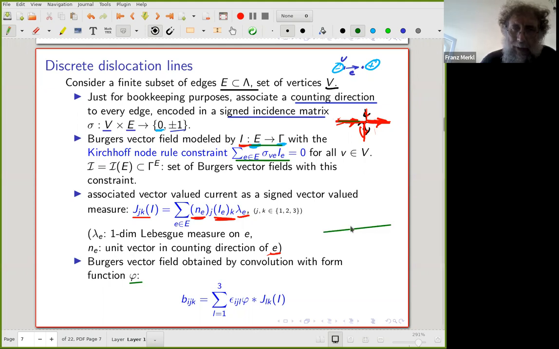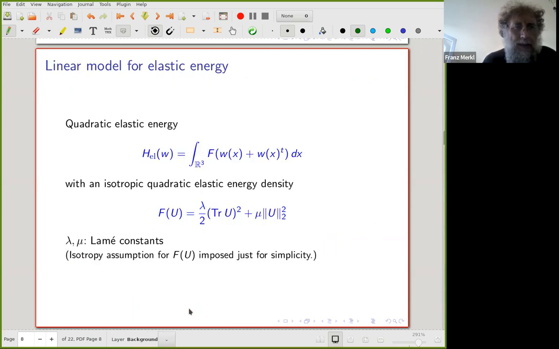So this function in 1 dimension, you should think of just a little bump having integral 1. So it's just a smoothing function. So phi convolved with the J, and then with this totally antisymmetric tensor epsilon_ijl contracted with this gives our Burgers vector density. So that's a model for the discrete dislocation lines.